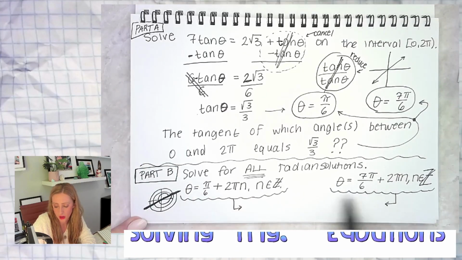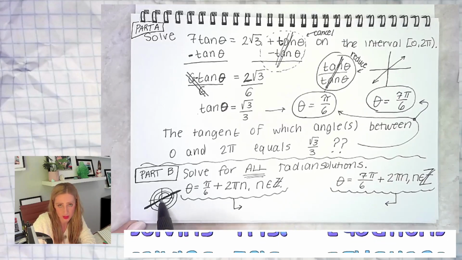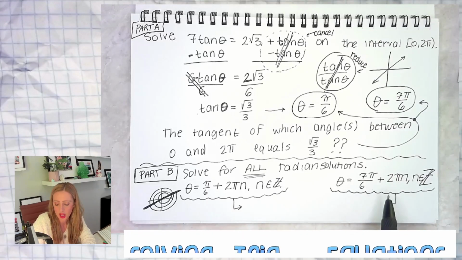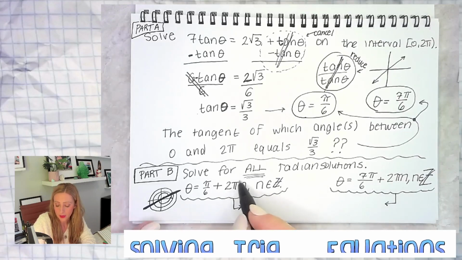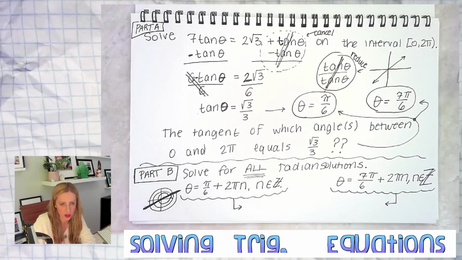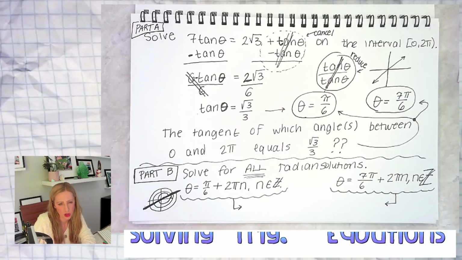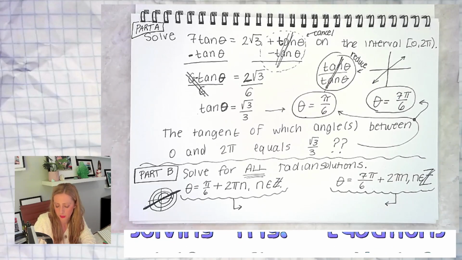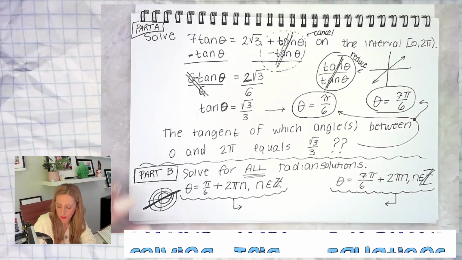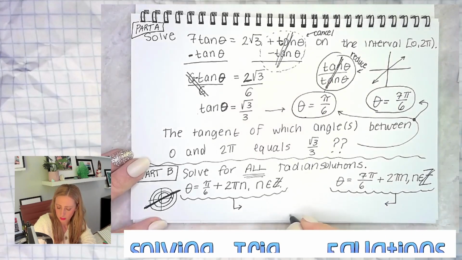All the ones that land in quadrant 3 over here, so overlapping 7 pi over 6, bam, there's their equation. I want to come up with a way to basically say all of my answers in one try. Do you want to try it, Bianca? Would you put plus pi n instead of 2 pi n?